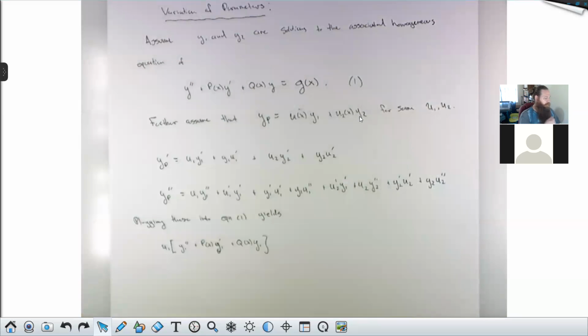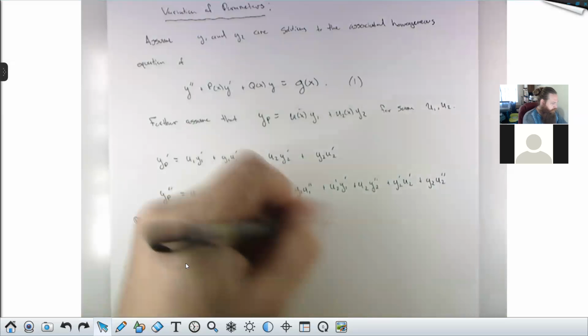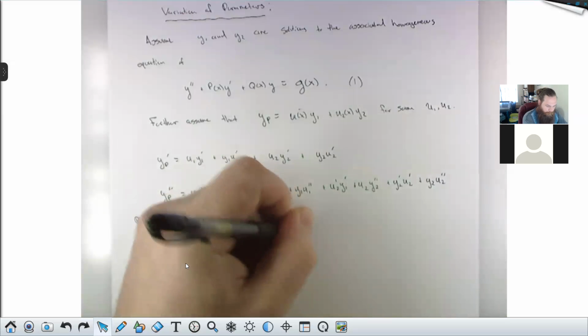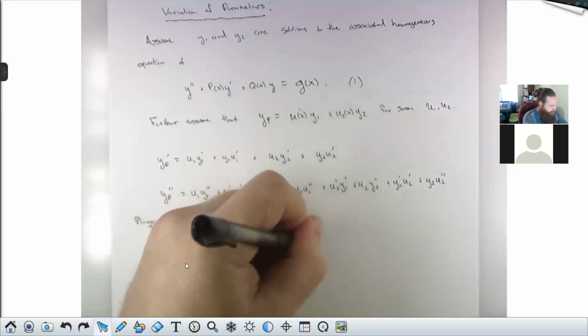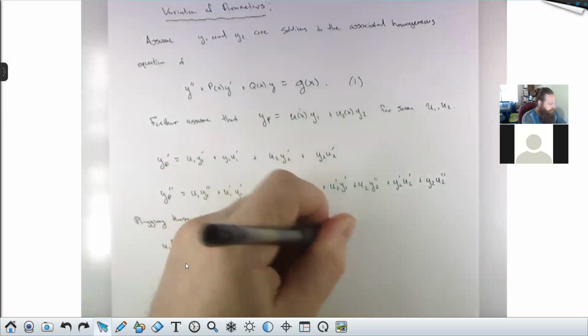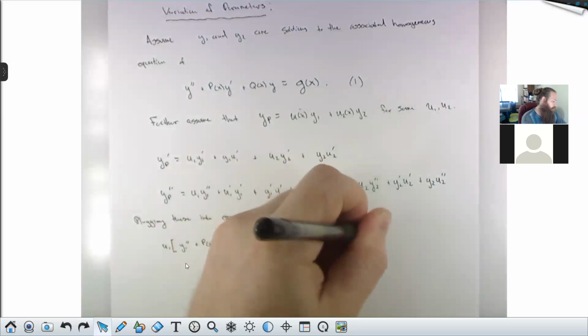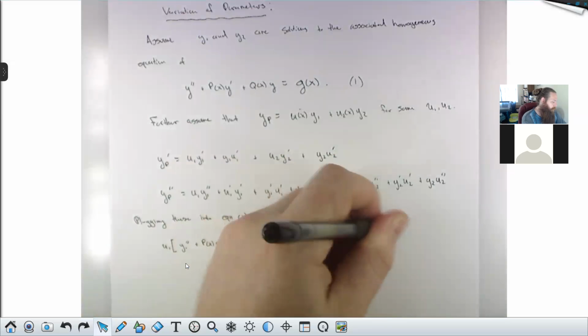If I take all the terms that have this u1 factor, if I look for the original ODE with y1 in there, I can find it and factor u1 out. In addition to that, we'll have u2 times (y2 double prime plus p of x times y2 prime plus q of x times y2).